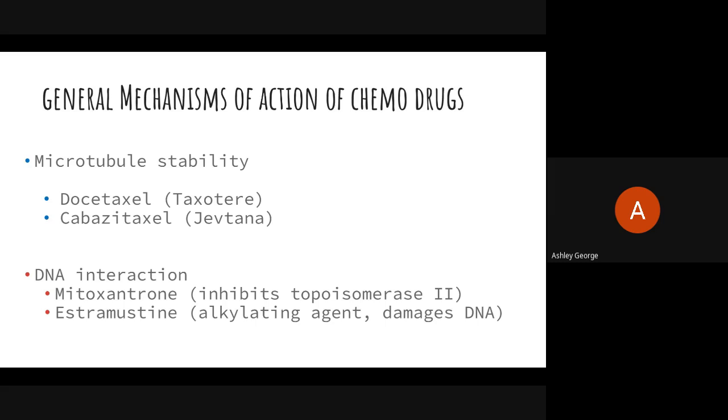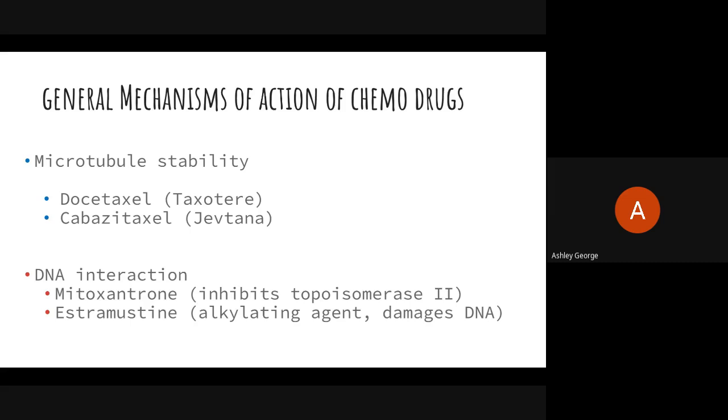It inhibits topoisomerase 2, which is crucial for the replication and repair of the DNA. And it can suppress the immune system as well by targeting T cells, B cells, macrophages. And yeah, so that was that one.